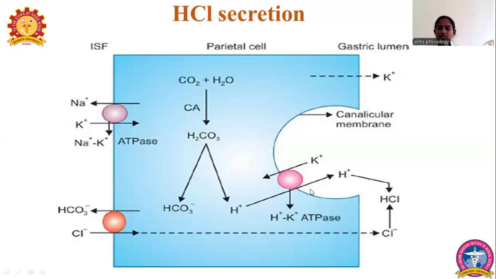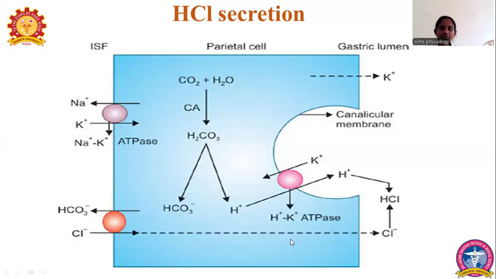Now hydrogen has moved into the lumen, first into the canalicular pit, then from there into the lumen. For every hydrogen formed, we also have the formation of one bicarbonate ion. What happens to this bicarbonate ion? It moves out of the cell in exchange for one chloride ion into the cell through the chloride bicarbonate exchanger.